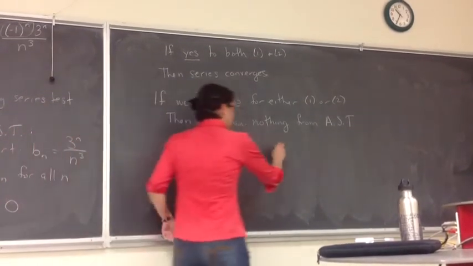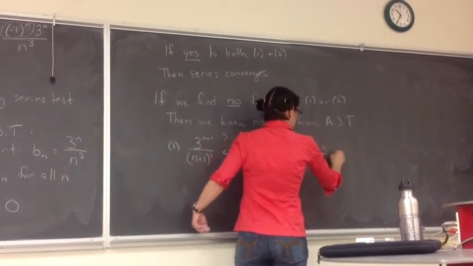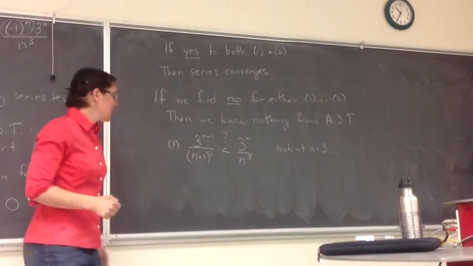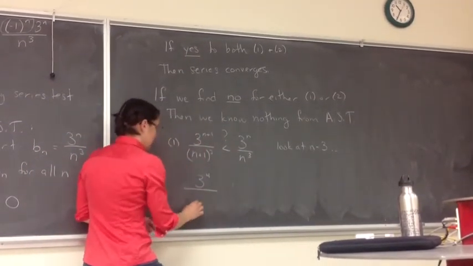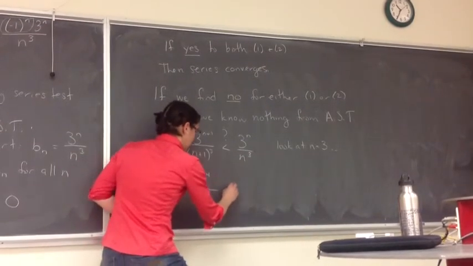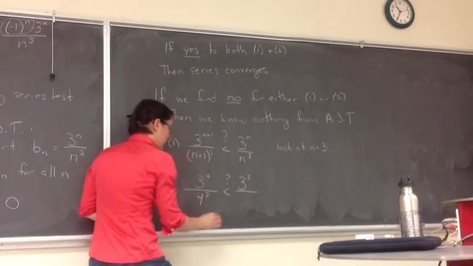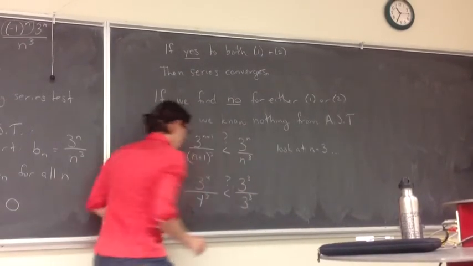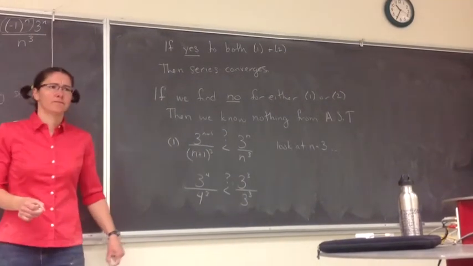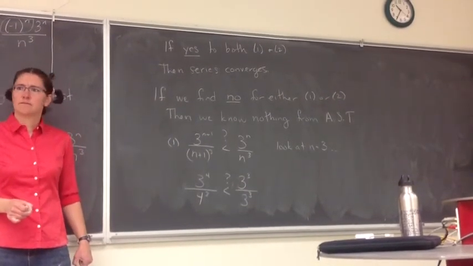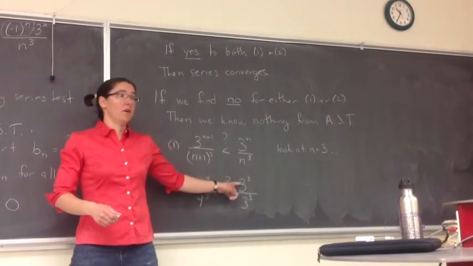If I look at n equal to 3, then I've got 3 to the 4th divided by 4 to the 3rd, and is that less than 3 to the 3rd over 3 to the 3rd? Is that true? The right-hand side is equal to 1.